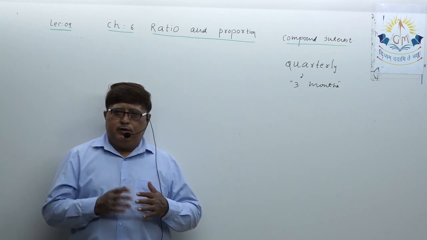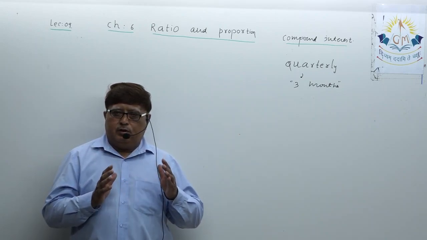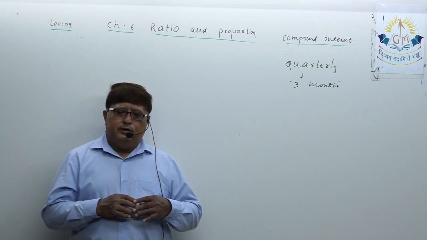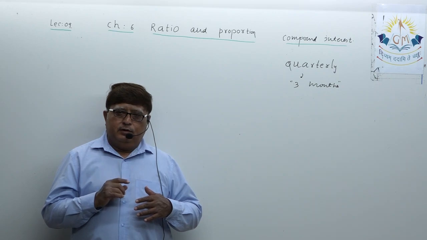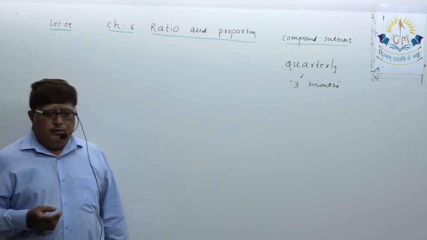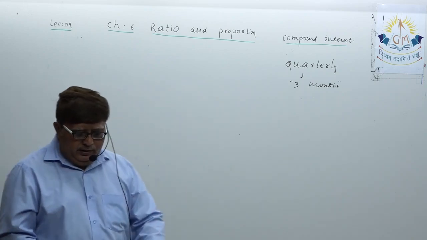Whenever interest is to be compounded quarterly, each quarter is of 3 months, that you can understand.